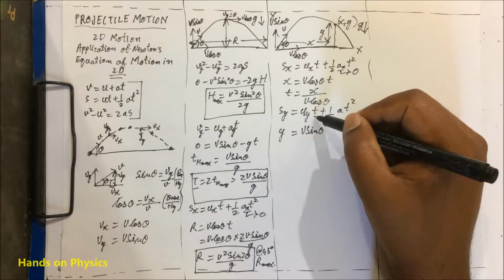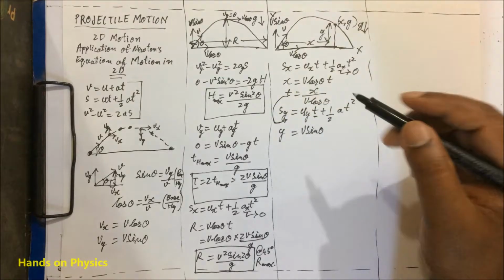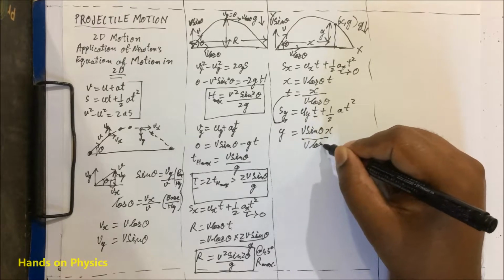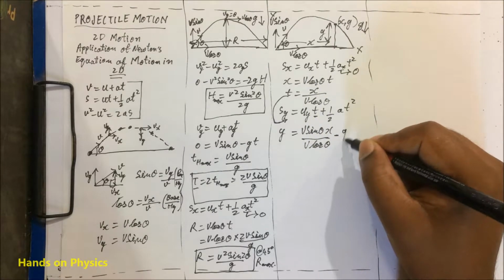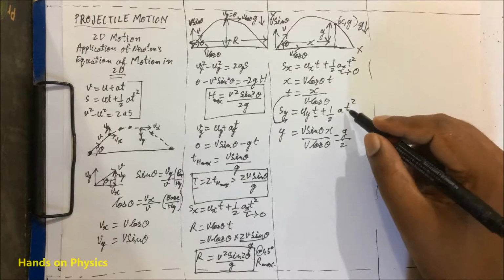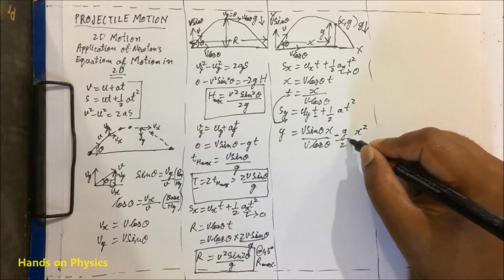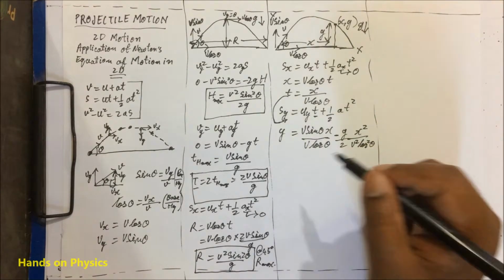plus the acceleration term, and if we substitute the value of t from here into this equation, we will get x upon v cos theta, minus g by 2, and the value of t square will be x square upon v square cos square theta.